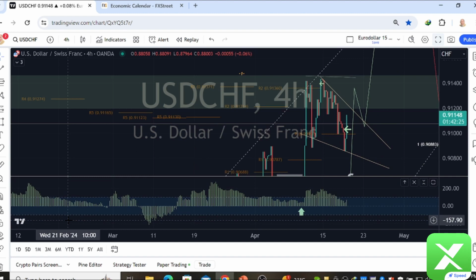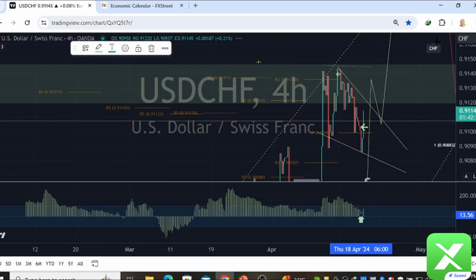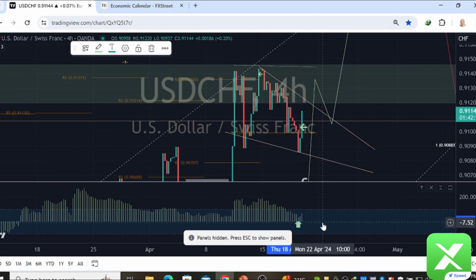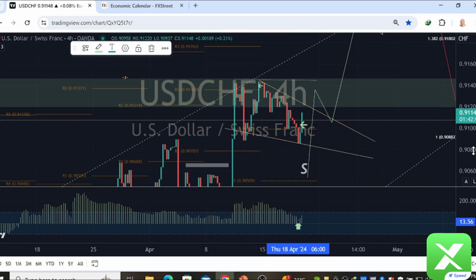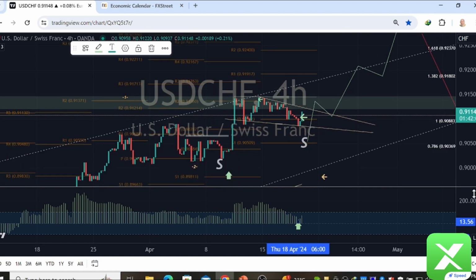Let's check the 4 hours. So we have a bounce on the 4 hours. We could be having a bounce on the 4 hours, which is a good sign. And it comes about the same level of the last retraction, and therefore we would consider that we're having an extension. This last retraction is actually a wave 2.